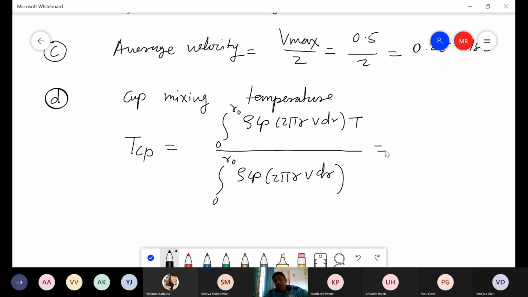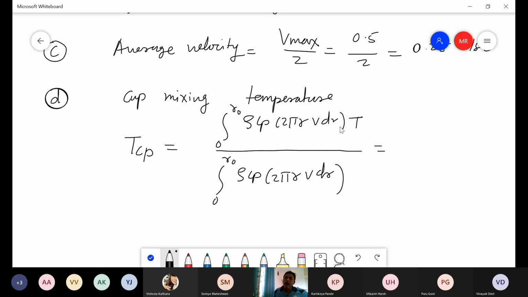This is the standard equation of the cup mixing temperature, averaged over energy across the cross section of the pipe. Again, here the effect of the velocity is also included.